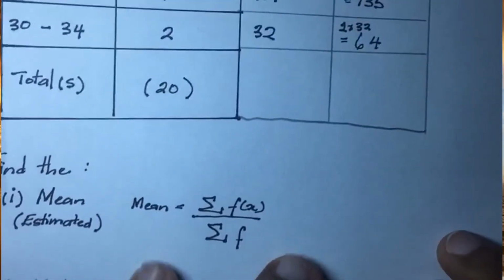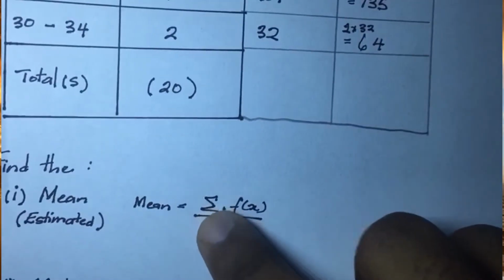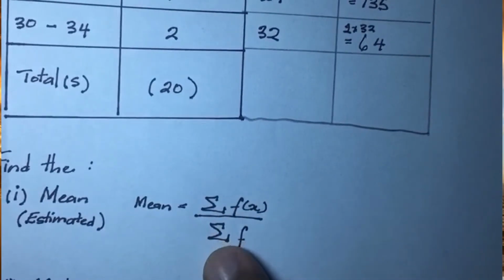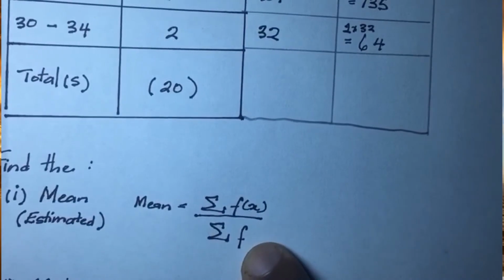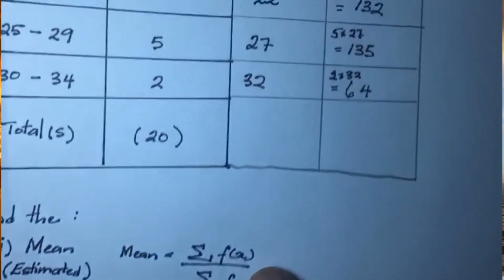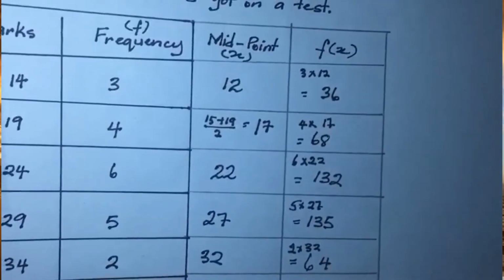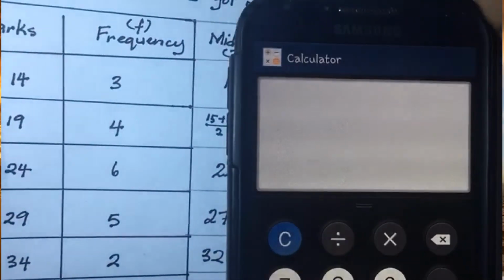Now remember, to find our mean, we need the sum of all our f of x's, and we're going to divide that by the sum of our f, which is our total frequency, same way. So I need to add up all my f of x's up here. So watch how it goes now.